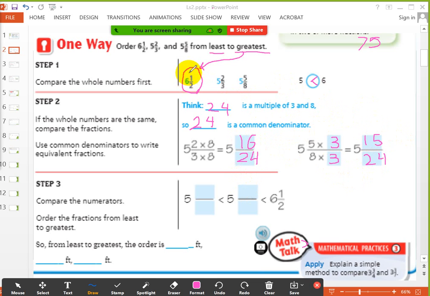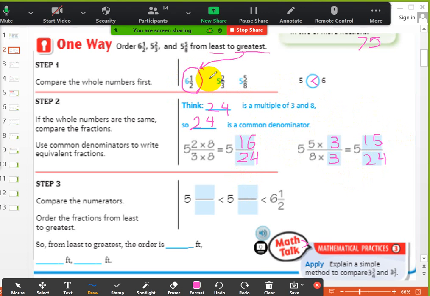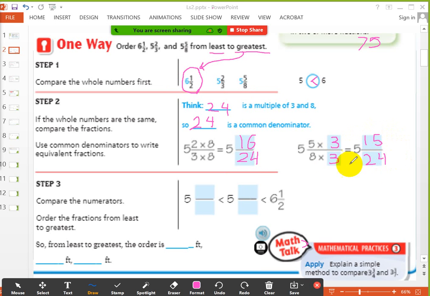I know the greatest number is 6 and 1 over 8, from the first. And I found that this number is the least number. So 5 and 15 over 24 is less than 5 and 16 over 24. And the last one is less than 6 and 1 over 8.